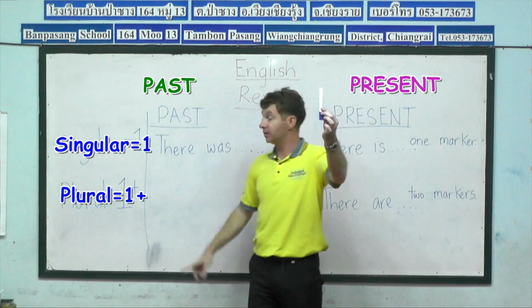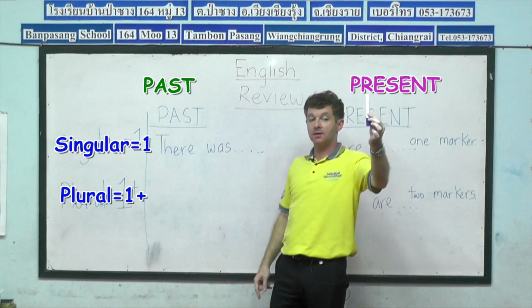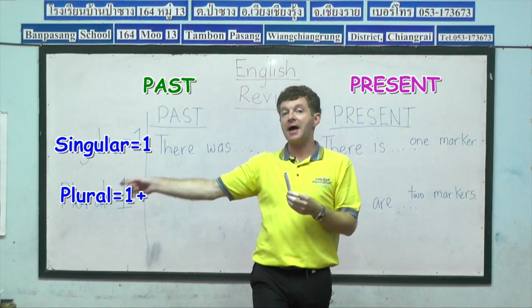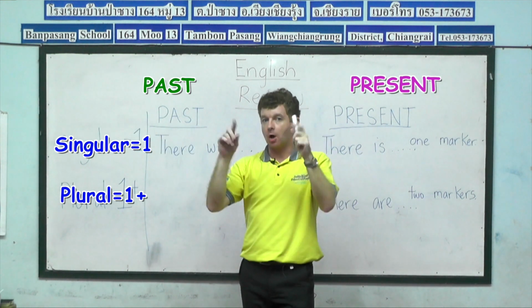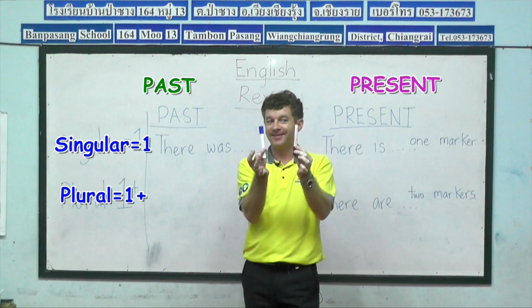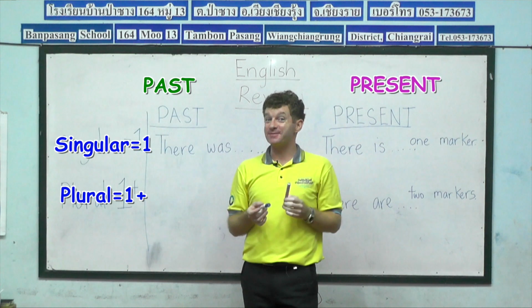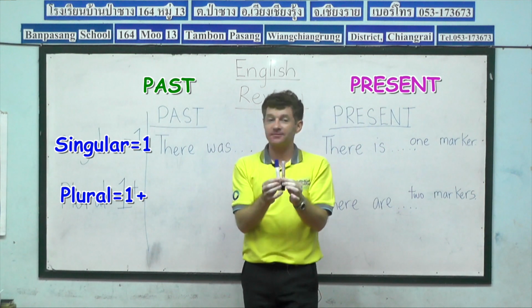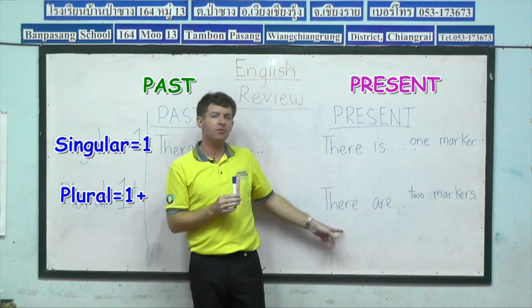And then the name of the thing. For example, there was one marker. Yes, we talk about the past. There was. Excellent. So, we've got two markers, but we're not talking about now, there are.